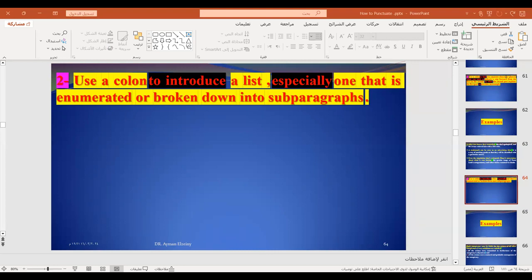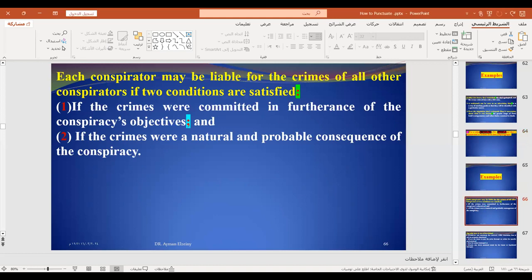For example, the first example, when we want to write the following sentence: each municipality may be held liable for crimes of all other constables if two conditions are satisfied.